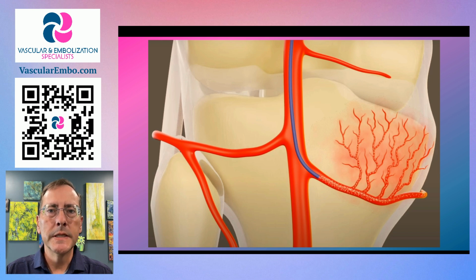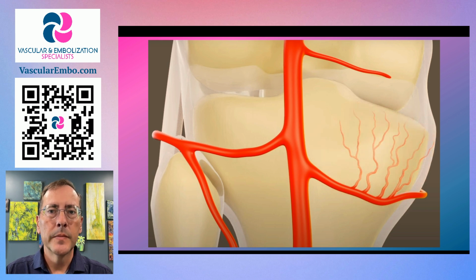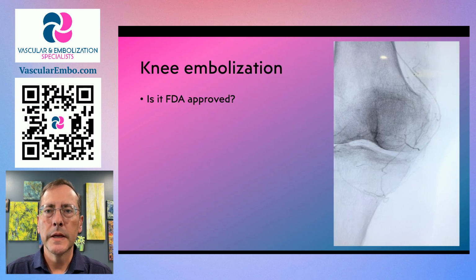These particles will eventually cause these vessels to fill and atrophy over time, which is what you're seeing a representation of here. When they atrophy, that's when patients get the symptomatic relief.